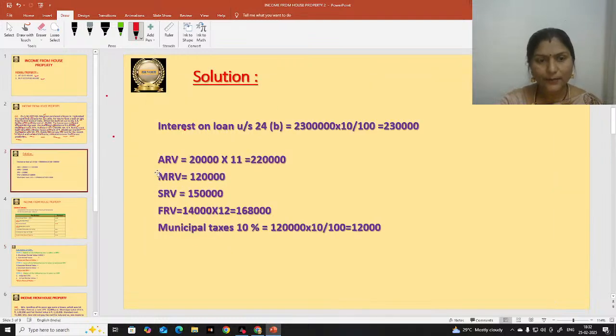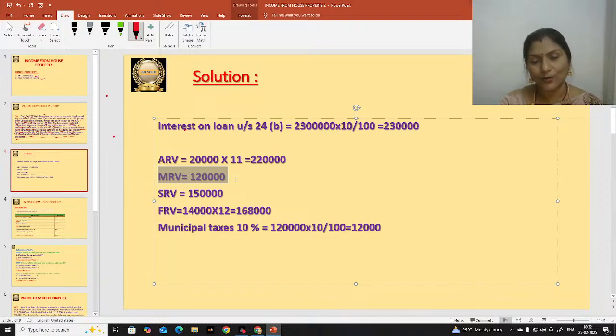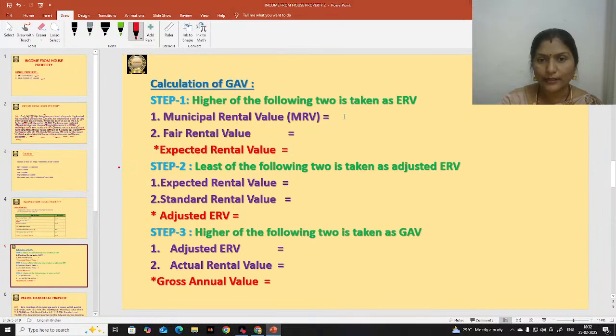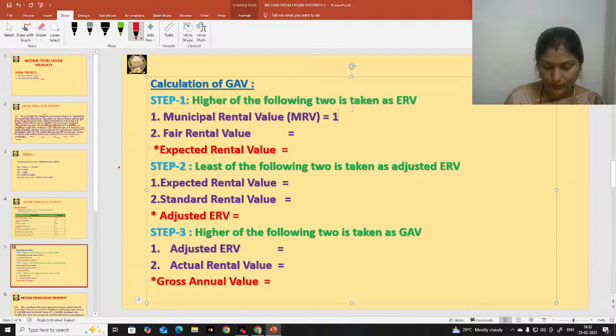MRV is 1,20,000. So let us go to our format and record there in the place of MRV 1,20,000. Always MRV, FRV, SRV, ARV should be taken for 1 year. 1,20,000 I recorded.